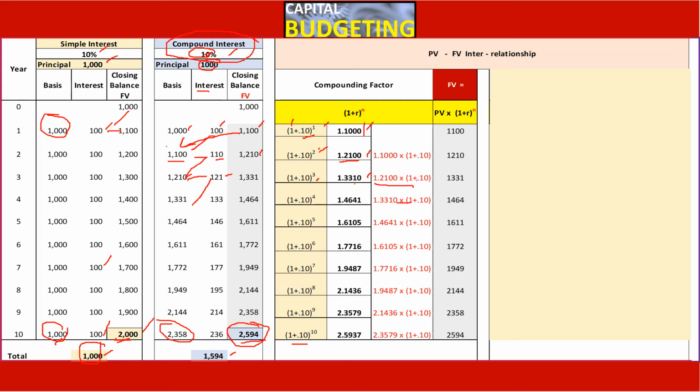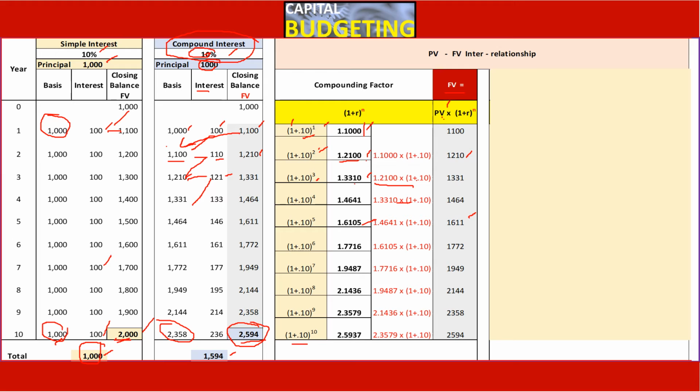Therefore, when we say future value equals present value, that is 1000, into 1 plus r to the power of n: 1000 into 1.1 is 1100, 1000 into 1.21 is 1210, 1000 into 1.6105 is 1611.